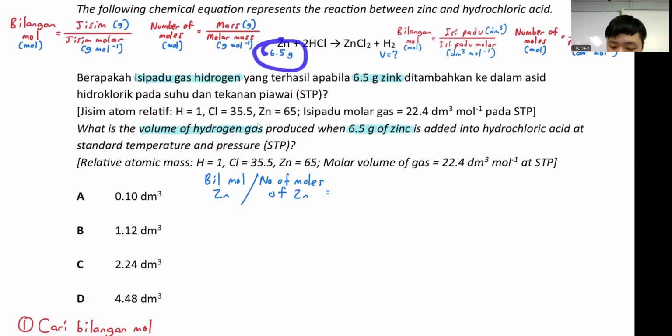You take 6.5 divided by molar mass, which is 65, by using this formula. Then you will get 0.1 mole.